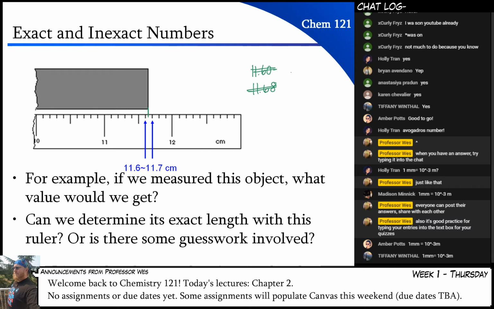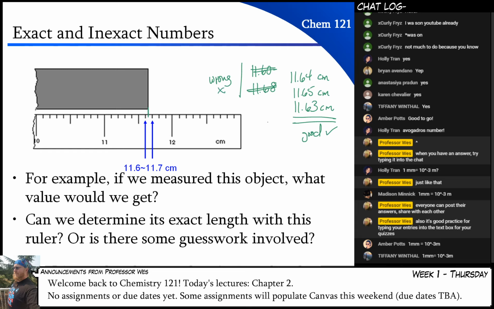A more reasonable guess would be something like this. These all seem pretty good. It's about halfway. Maybe it's a little bit less than that. And then, of course, because these are measurements, we also have to include the units, too. So these measurements would be good, but these measurements would be wrong.